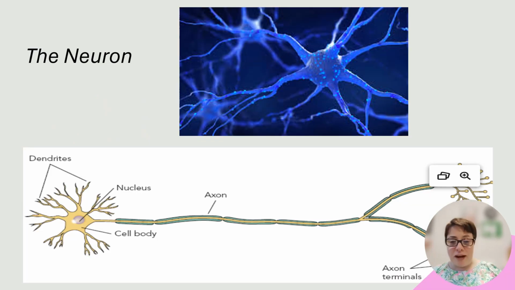The human brain is comprised of billions of neurons, such as the one shown on the slide. In terms of their structure, neurons have a cell body surrounded by branch-like dendrites that receive signals from other neurons. An axon also extends from the cell body and serves to carry signals from the dendrites to the axon terminal.